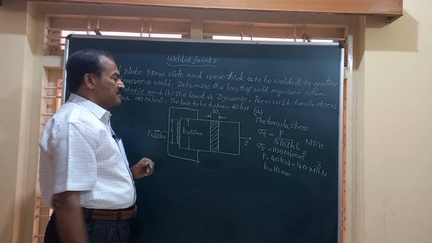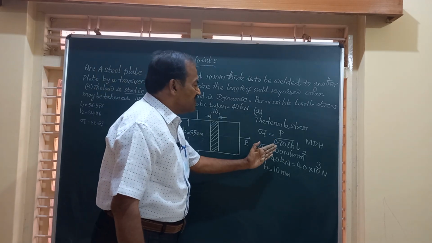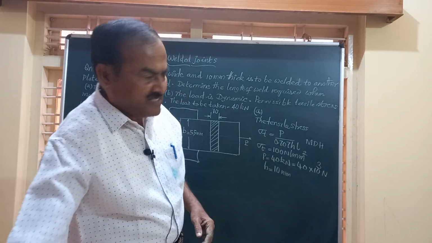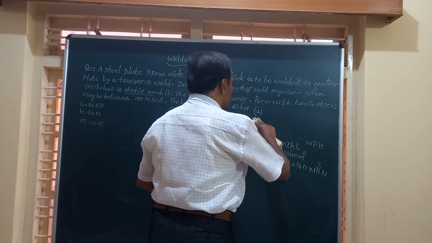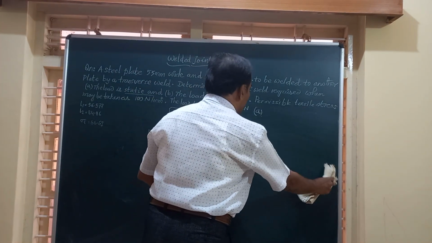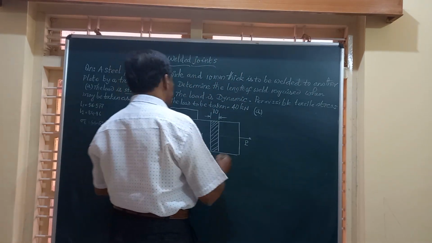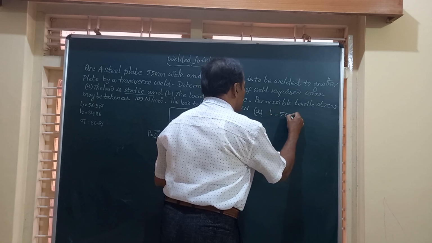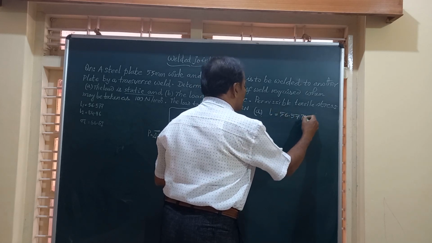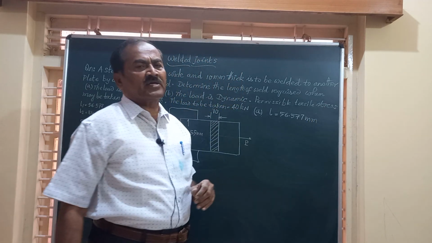If you make this substitution here, you are going to get the length of weld for this case, that is the load is static, is equal to 56.577 mm. This much of length is required.